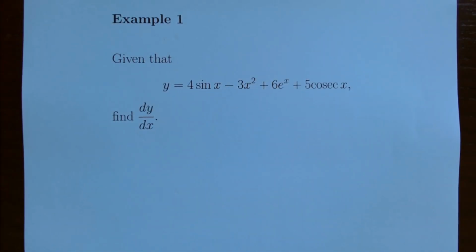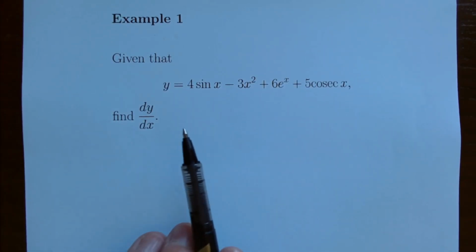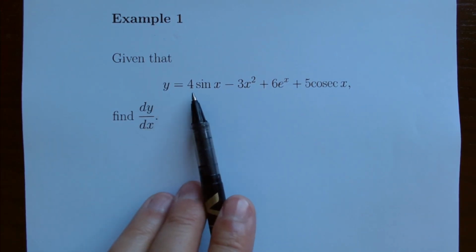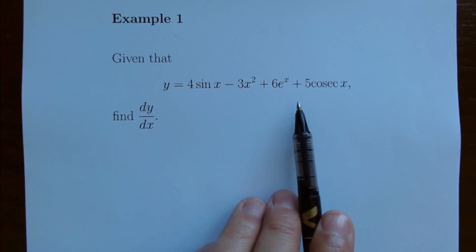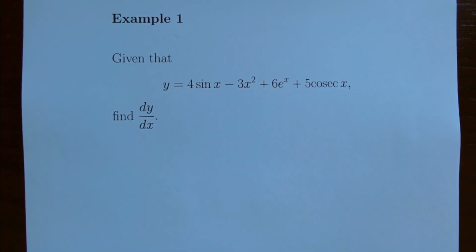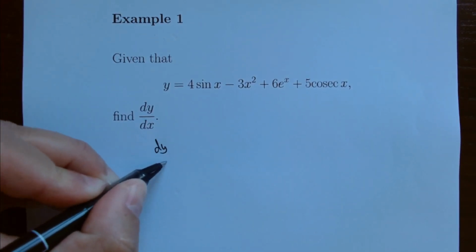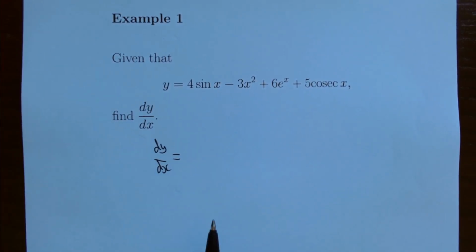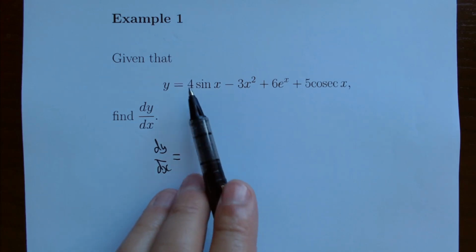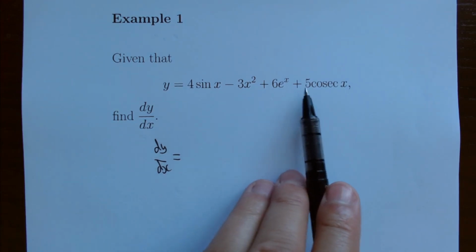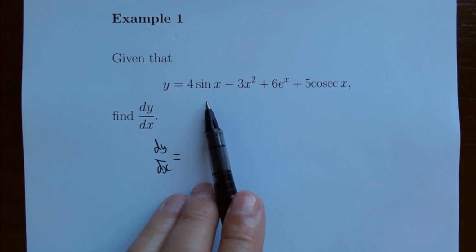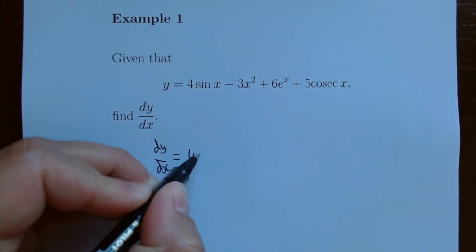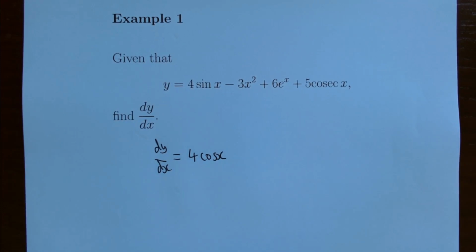Okay, example number 1. We're given a function y equals 4 sine x minus 3x squared plus 6e to the x plus 5 cosec x, and we need to differentiate. So dy dx, and we differentiate it term by term and just multiply by the coefficients in front. So sine x becomes cos x, so we have 4 cos x.